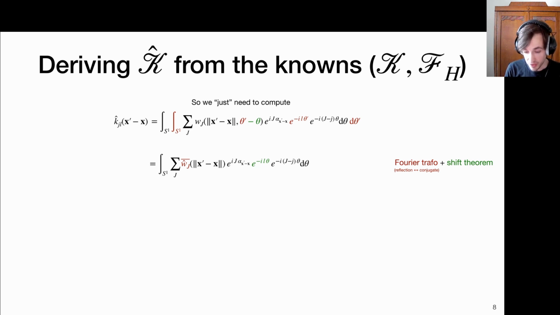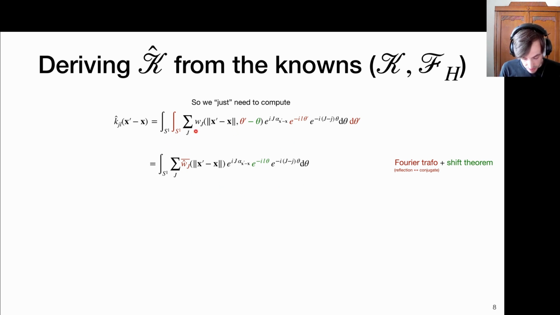We can do a change of variables, because the forward Fourier transform was defined with a plus over here, and that's what we've been using, but we could do a change of variables, of course. That swaps things around and generates this conjugate sign over here. But the main point is we can use these tricks from Fourier theory to move this shift and recognize this as a Fourier transform to write in such a form.